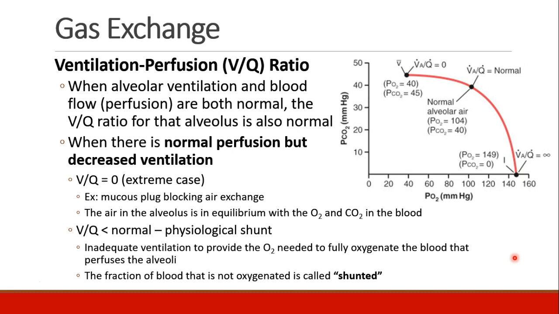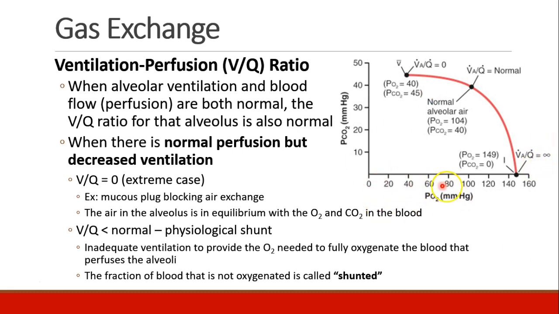Suppose instead we have normal perfusion but decreased ventilation. So the extreme case would be no ventilation. Let's imagine that a mucus plug blocks air exchange to one alveolus. So that alveolus has no ventilation but normal perfusion.